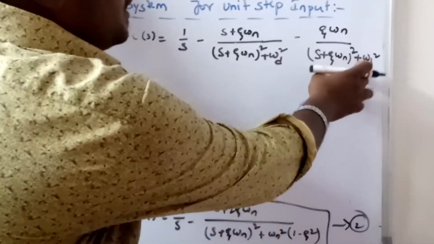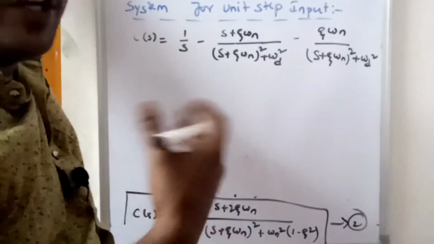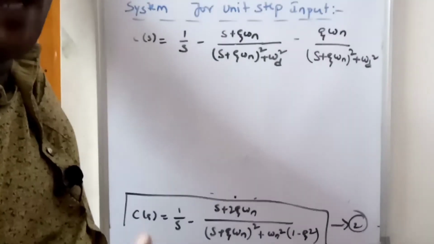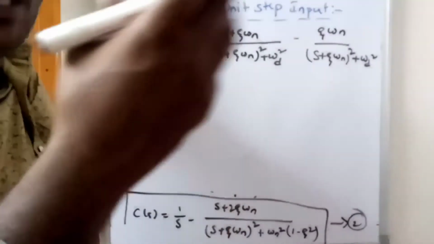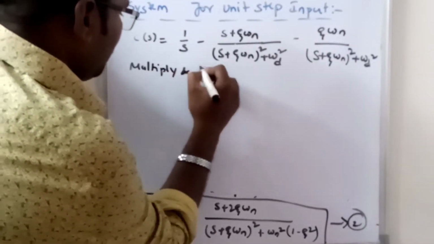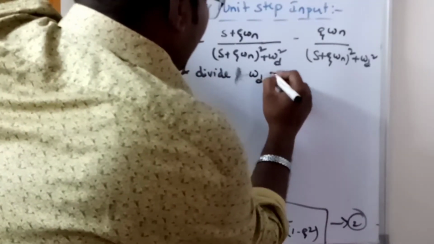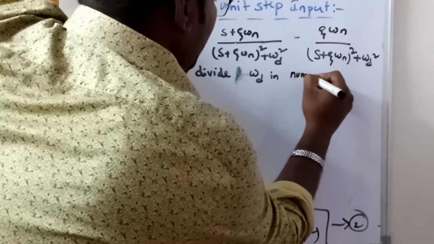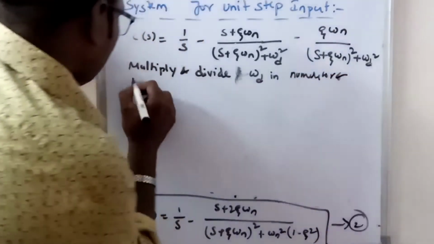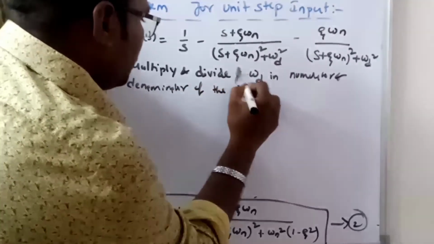And what happened to the third term? It does not look like a formula that comes in the inverse Laplace. So to convert that third term into an inverse Laplace formula, we are going to multiply and divide omega d in the numerator and denominator of the third term.